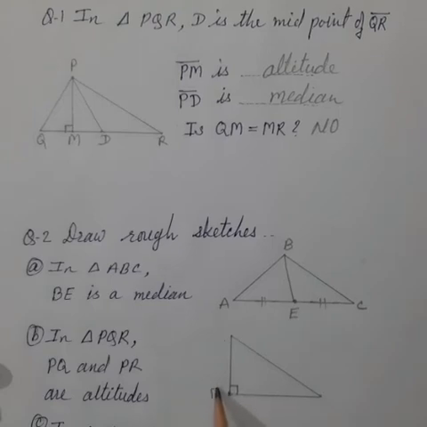So here we write P, and here Q and R. Now see, QP is the perpendicular line segment from vertex Q to the opposite side PR, and from vertex R, this is the perpendicular line segment to its opposite side PQ.